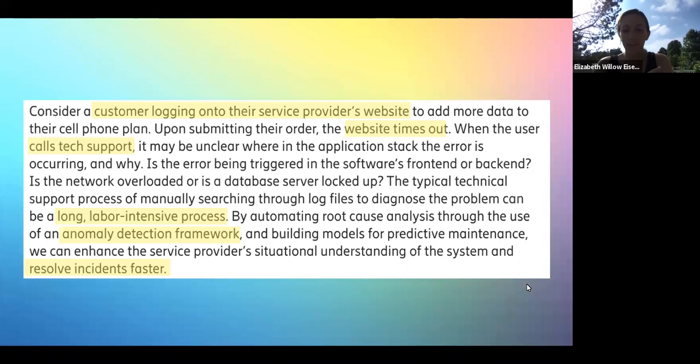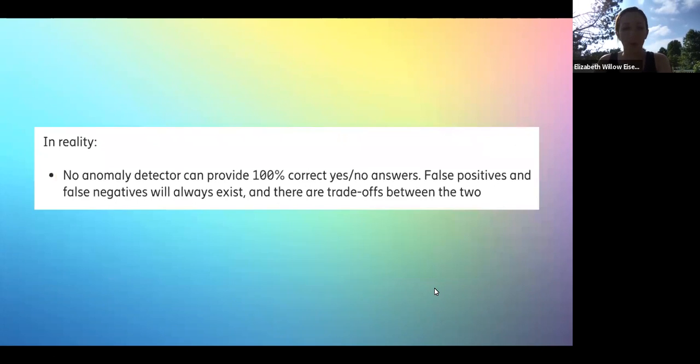By getting models that can help detect these anomalies, we're able to resolve incidents faster, so they're able to get people on and off the phone with the IT people more quickly.